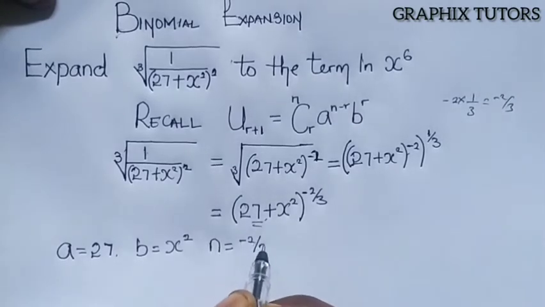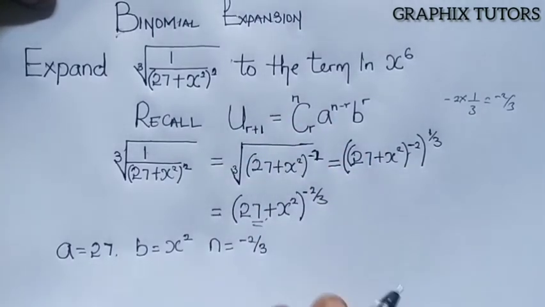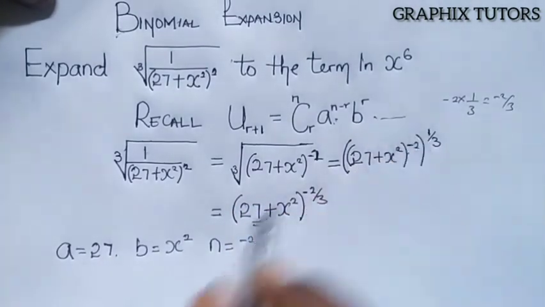Minus 2 over 3, right? We are not given r, so we're going to look for r. Now we input these values into this equation here. This is our equation here, right?